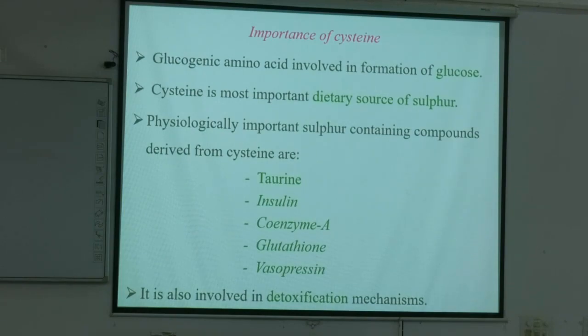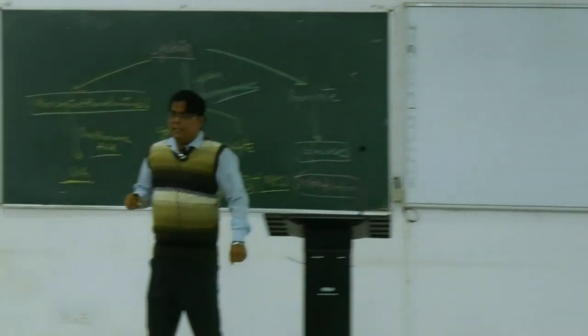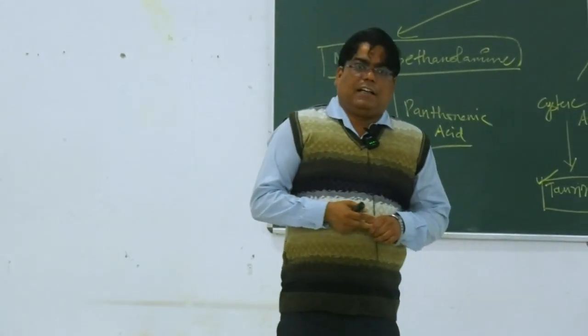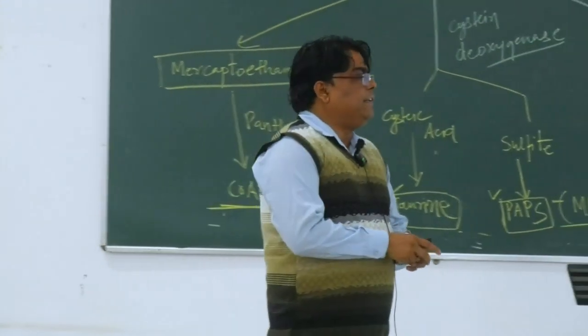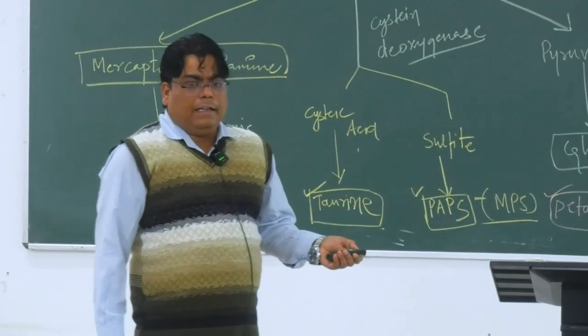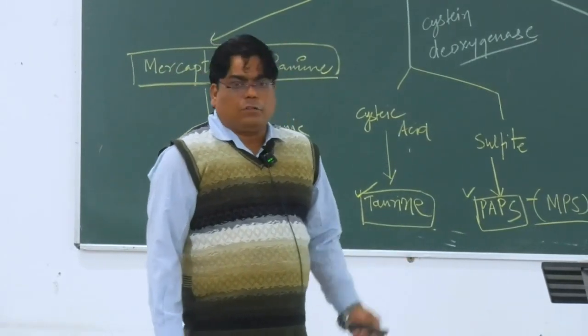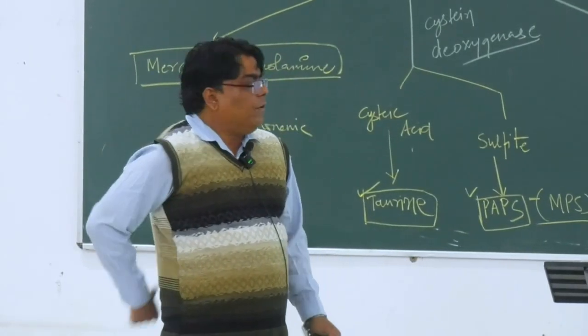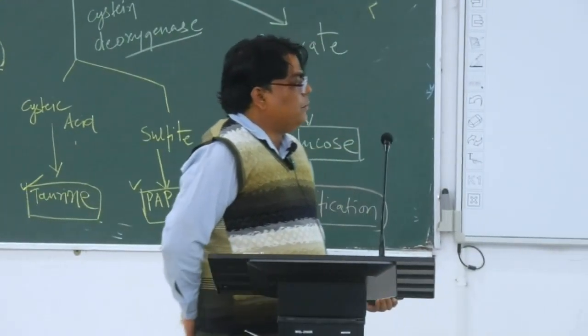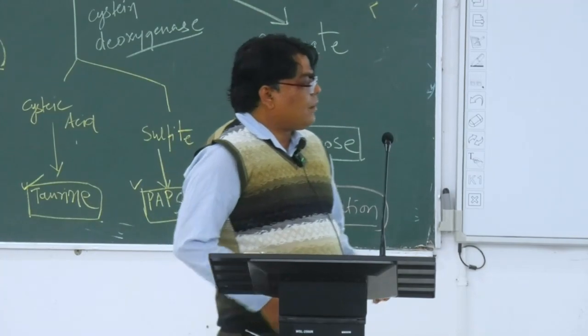Because when you see the structure of insulin, there is the presence of sulfur bonds. These sulfur bonds are provided by cysteine. Understand? So, that is why it is helpful for the formation of insulin, coenzyme A, glutathione, vasopressin. Okay? It is also used in the detoxification process because it contains glutathione.